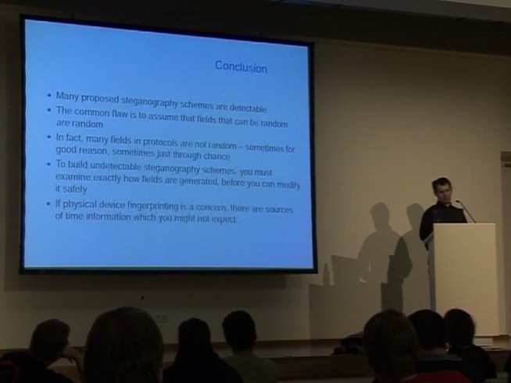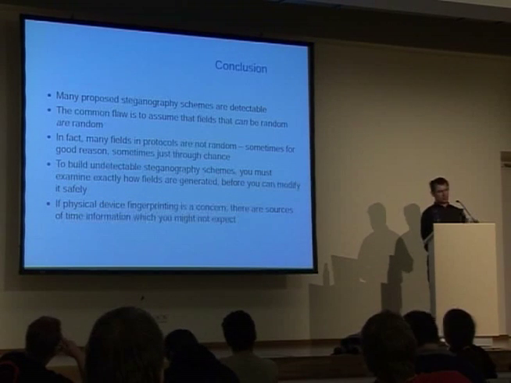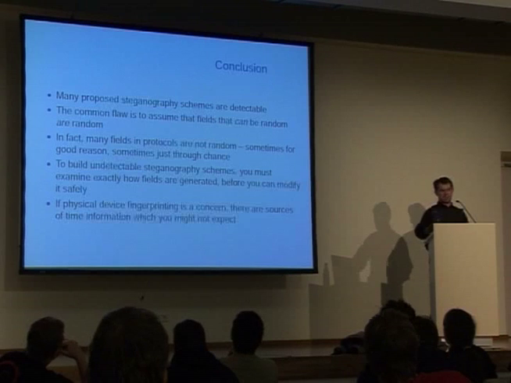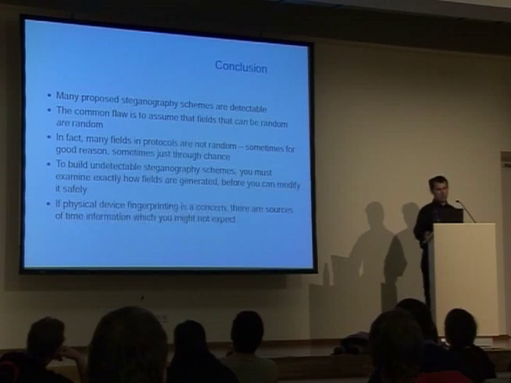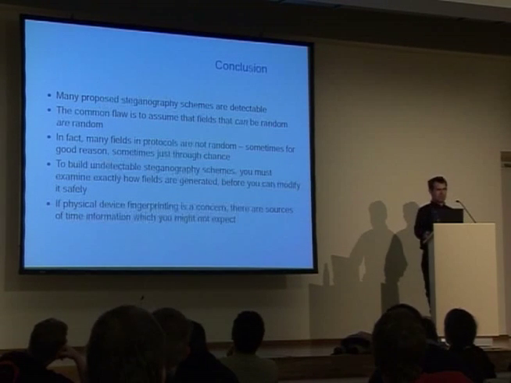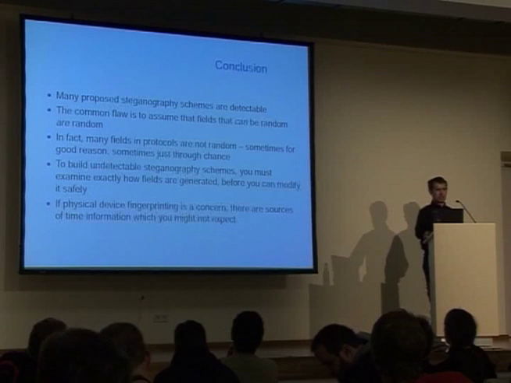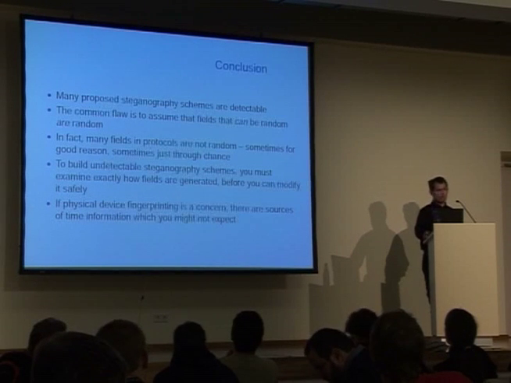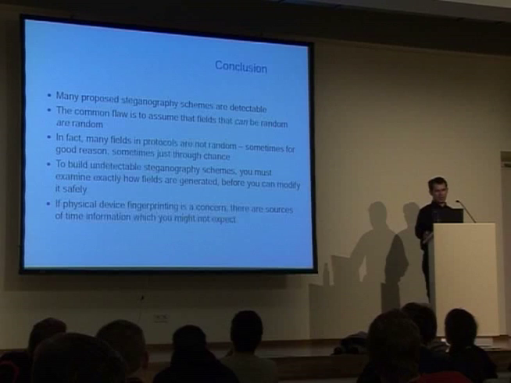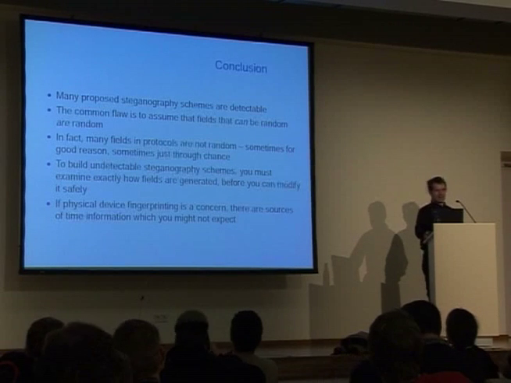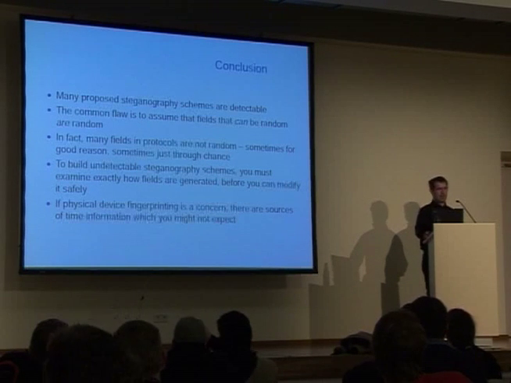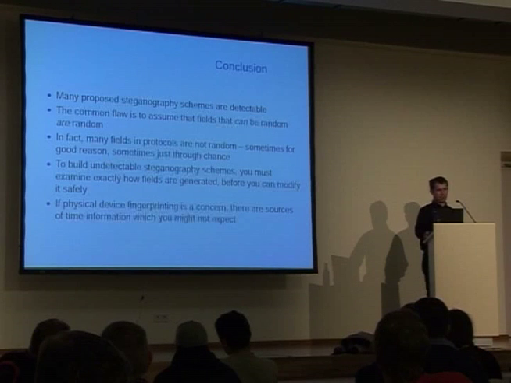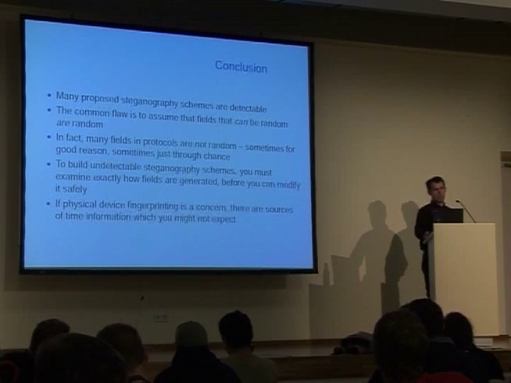Okay, so in conclusion, there are many proposed steganography schemes that are detectable. The main reason is that they look at the specification, which says that this field can be anything, it could be random, and then assume because it looks vaguely random, it is random. In fact, this isn't the case. In the case of Linux, the initial sequence number is not random for very good reasons. That's to stop collision. The IP ID is not random for good reasons.